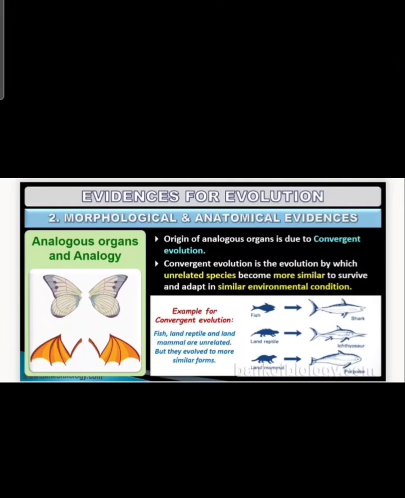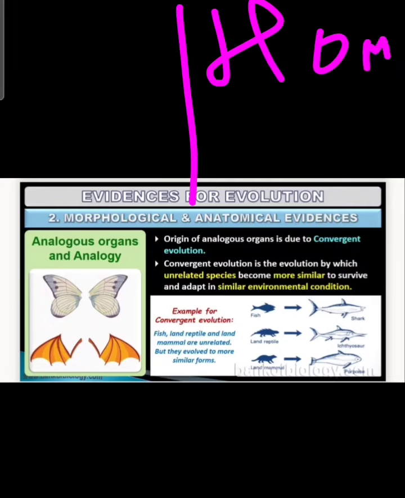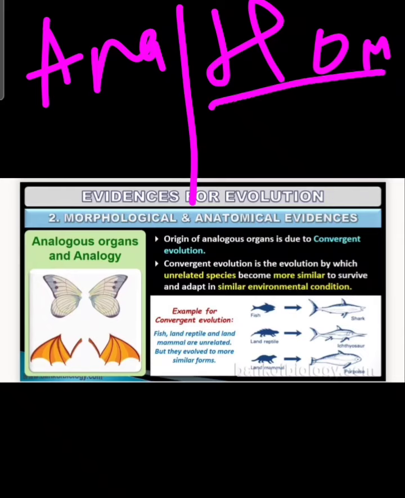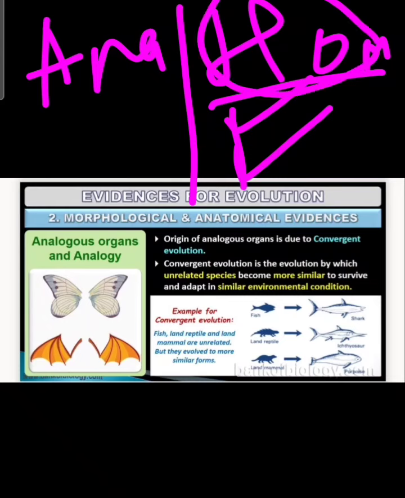So divergent evolution comes in homologous organs and convergent evolution comes in analogous organs. As we have seen through different examples, homologous organs have the same structure and composition but different functions. Homo means same structure, but different functions.